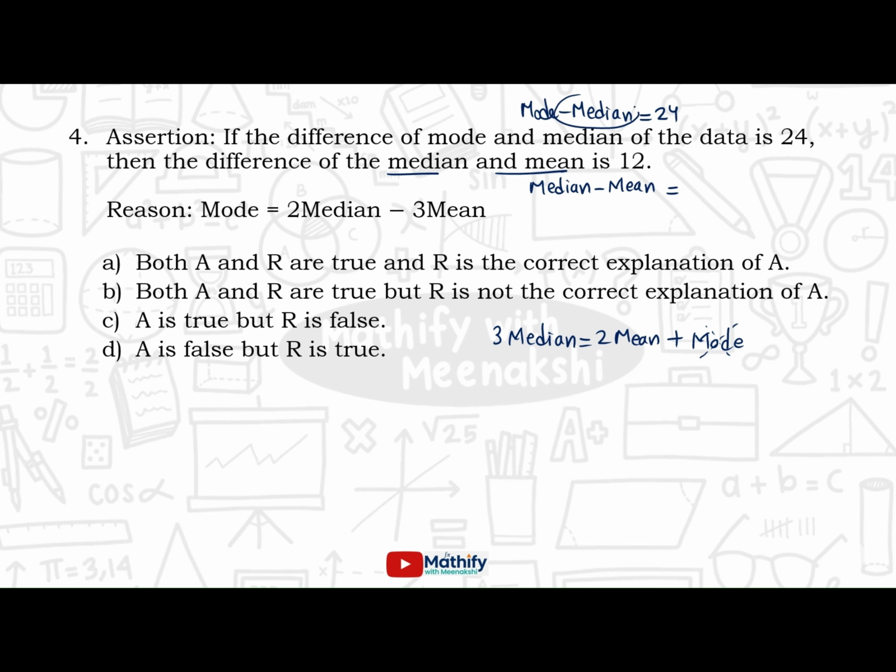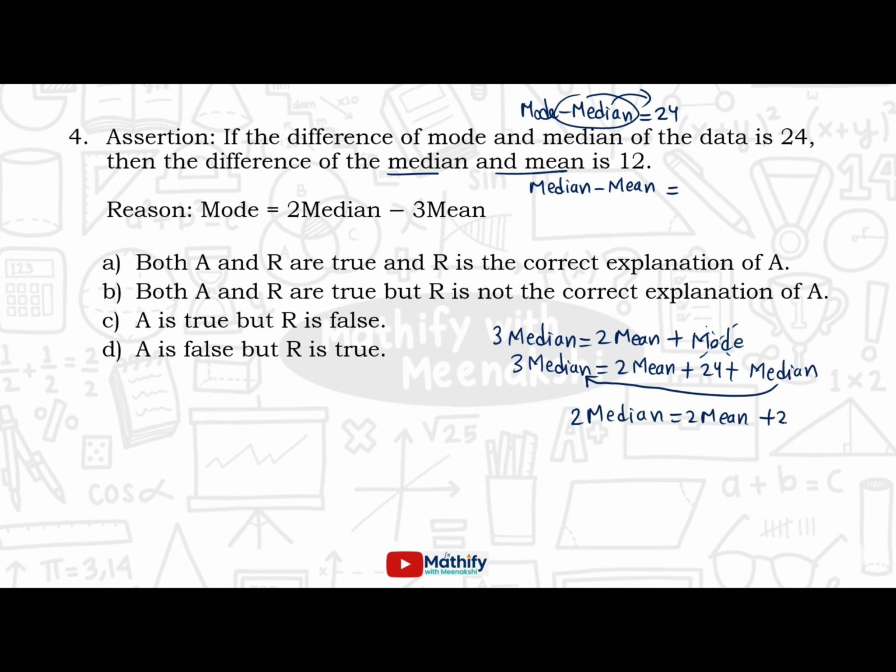Mode can be written as 24 plus median. So we'll write mode as 24 plus median. Now you will transpose median to that side. It becomes 3 median minus 1 median, which is twice of median, and here twice of mean plus 24.